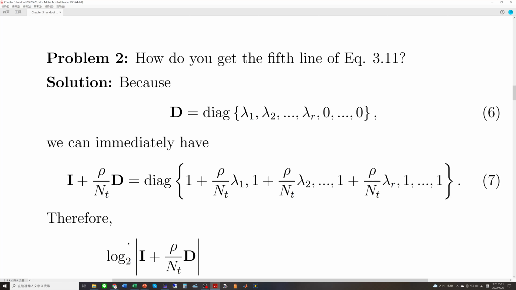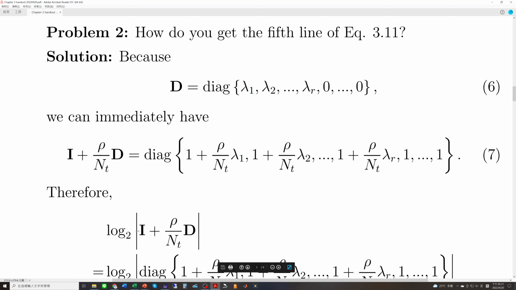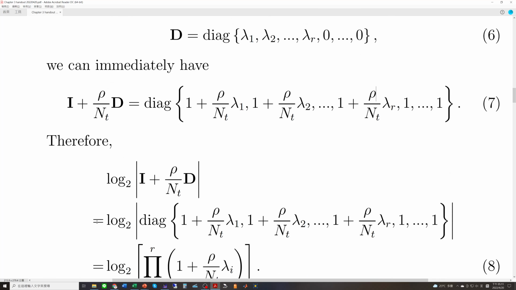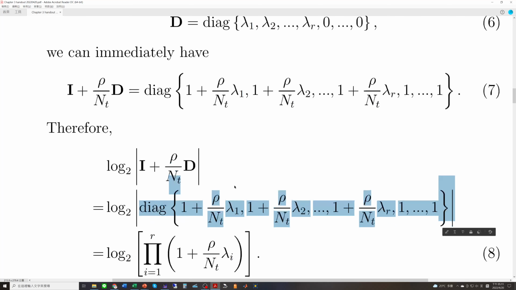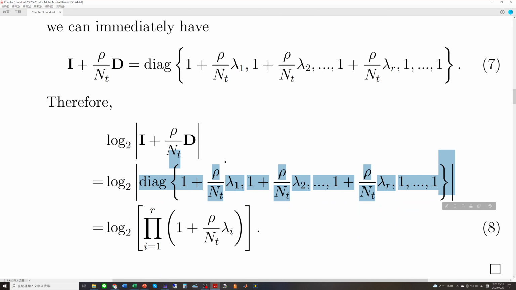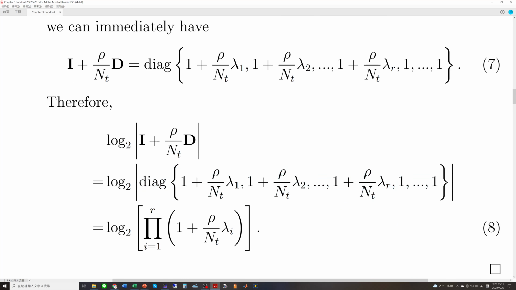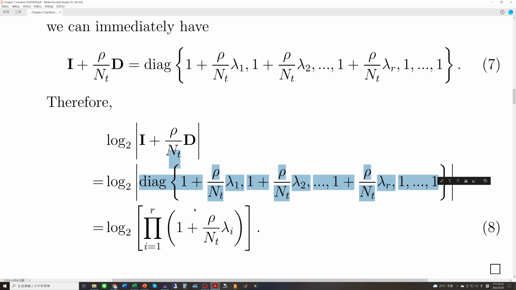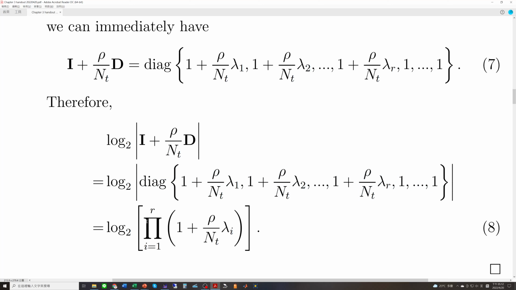Therefore the log 2 of the determinant of I plus rho over nt times D is equal to log 2 of the determinant of this diagonal matrix. It is easy to know that the determinant of a diagonal matrix is equal to the product of the diagonal elements.